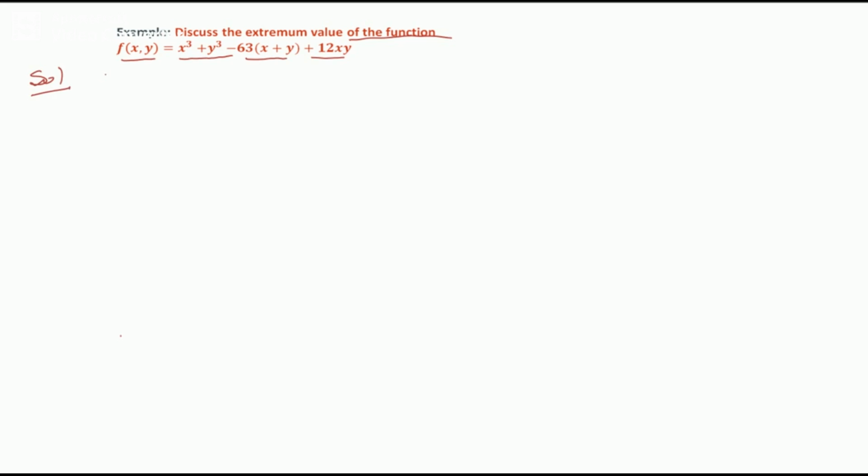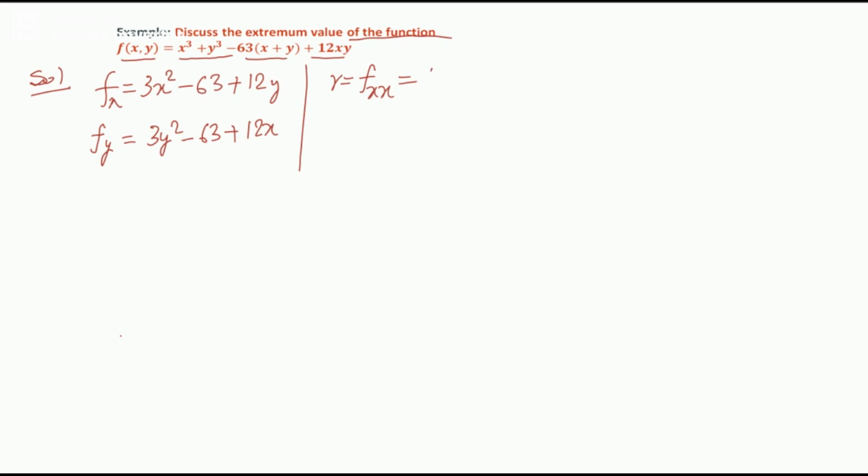First we find the partial derivative of that function with respect to x, which is 3x square minus 63 plus 12y. Similarly, the partial derivative with respect to y is 3y square minus 63 plus 12x. Now the second partial derivative with respect to x, we call r.